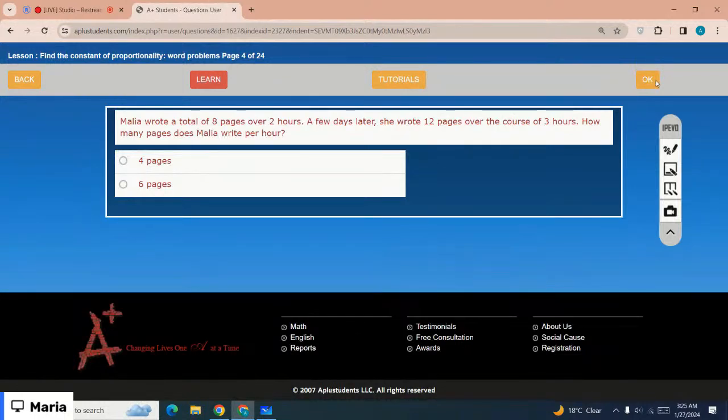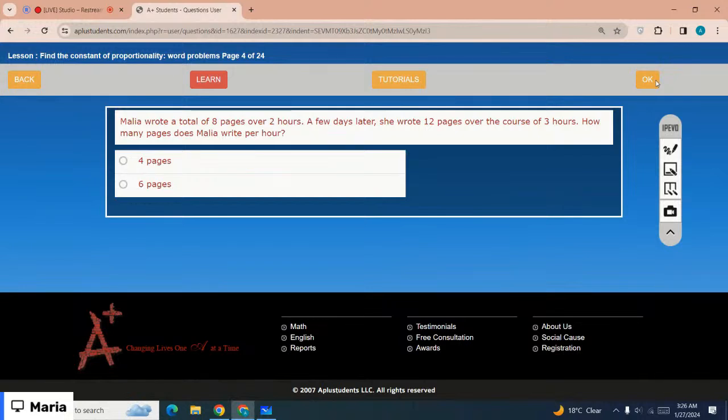How many pages does Malia write per hour? Which is the correct option?